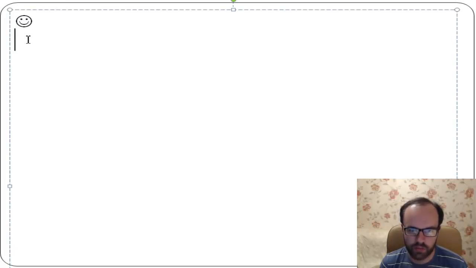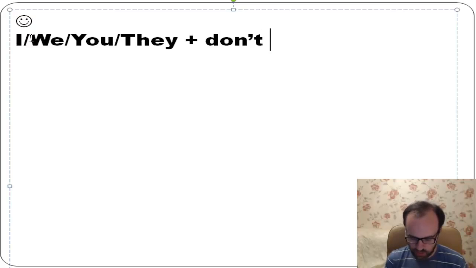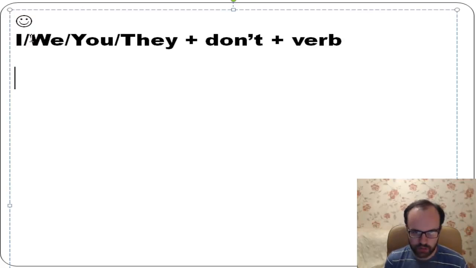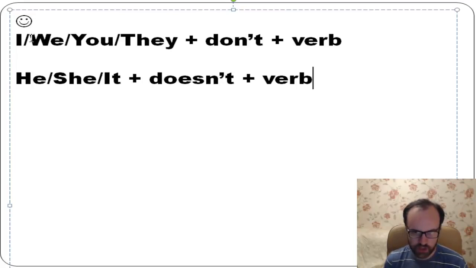Look. If you have I, we, you, they, you use don't plus verb. If you have he, she, it, you use doesn't plus verb.